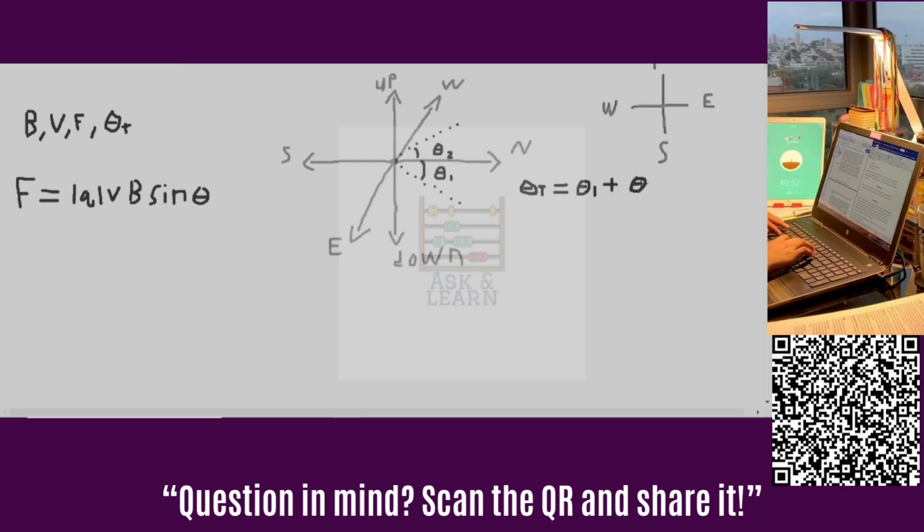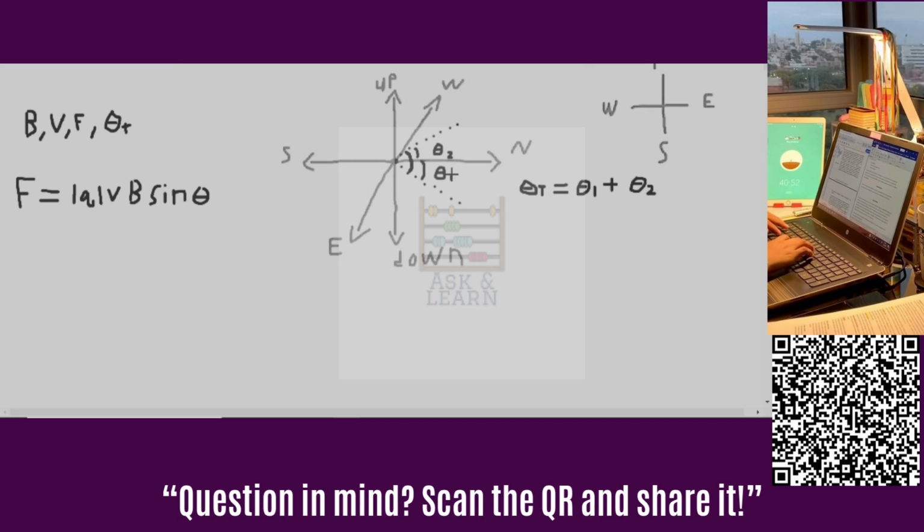So that's our total angle. It's the angle between both of these two here. So we have one below the horizontal and one above it, so it's the sum of those two angles.